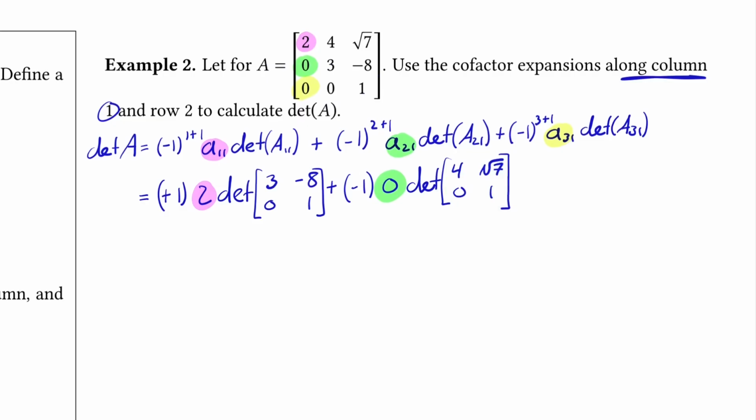Let's keep going. Next we have negative 1 to the power 4. Now 4 is an even number, so the negative 1's pair off, and you get positive 1. And a31 is 0, and we multiply that by the determinant of what you get when you cross out row 3 and column 1. And what's left over here is this stuff.